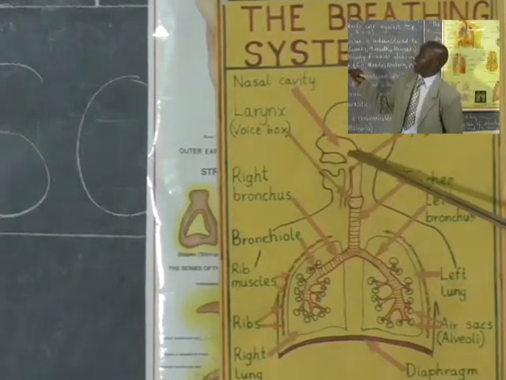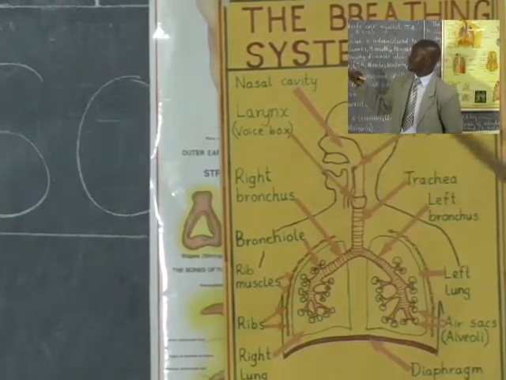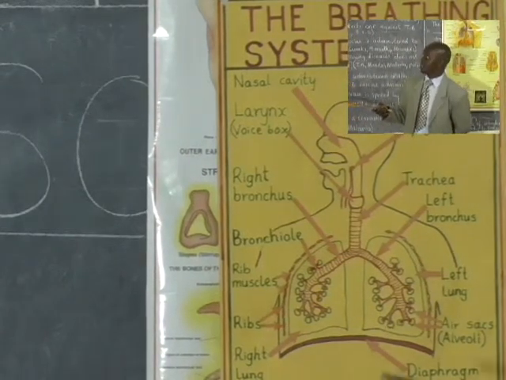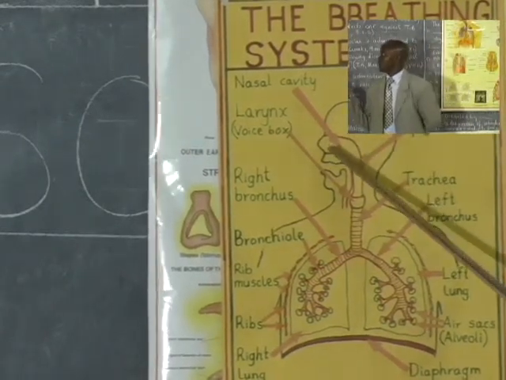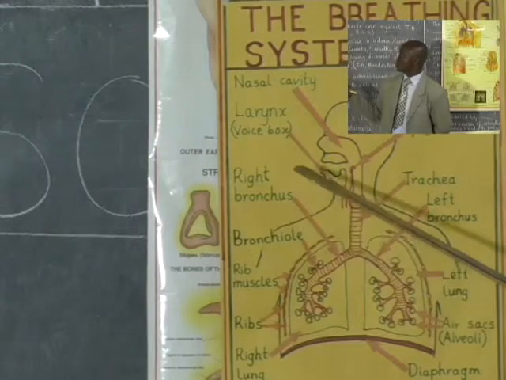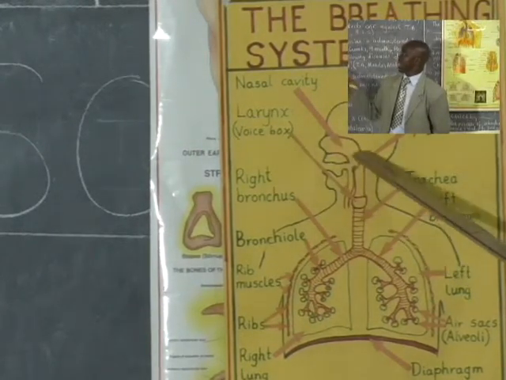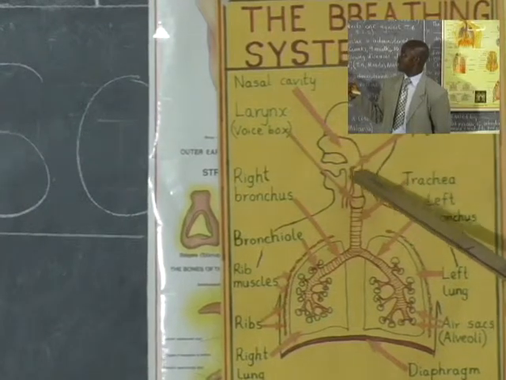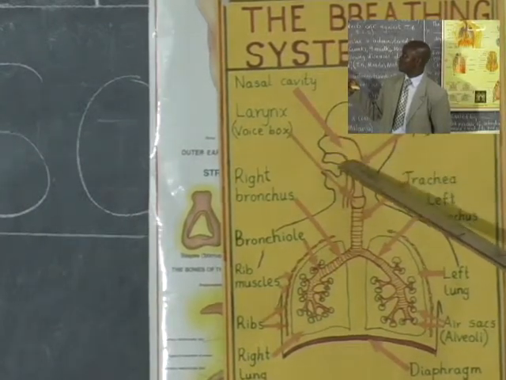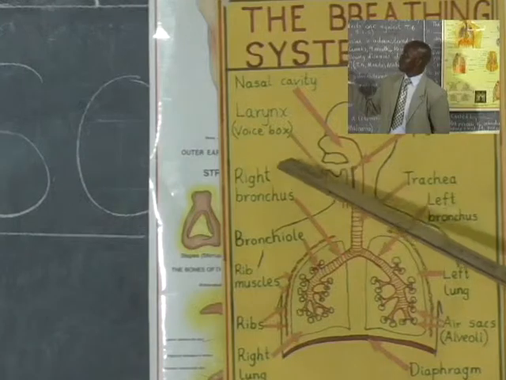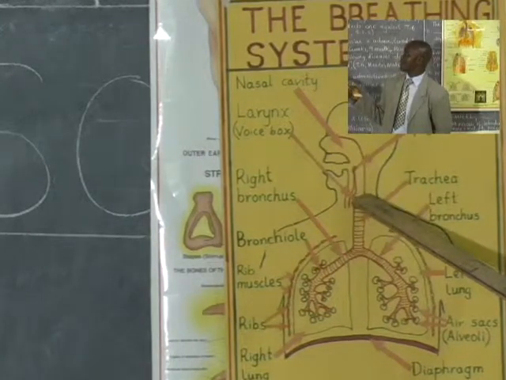So that air is made moist in the nasal cavity. So like I mentioned, the nasal cavity has four major functions. One, to direct air in. Two, to clean the air by the help of cilia, which are the hair structures in the nose. Three, to make the air moist using the mucus.